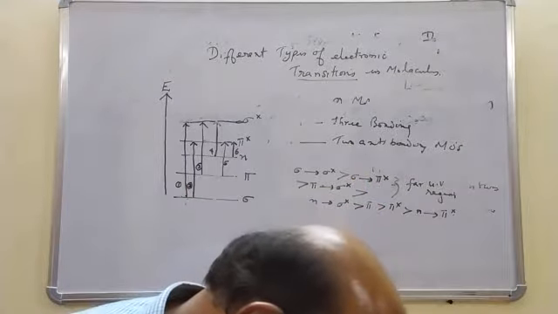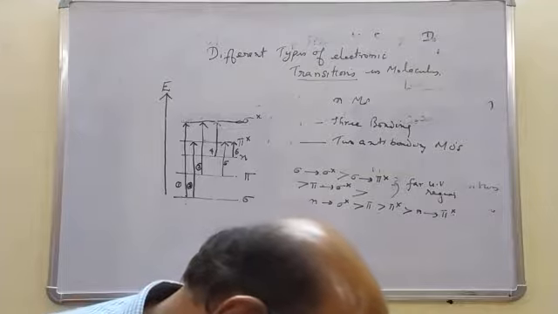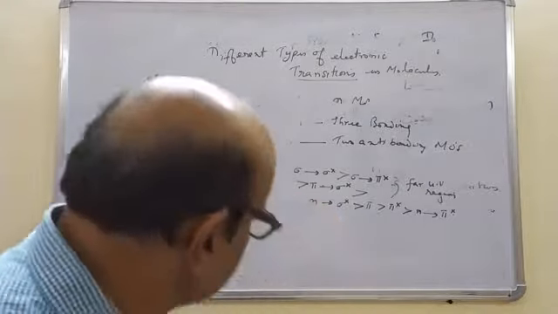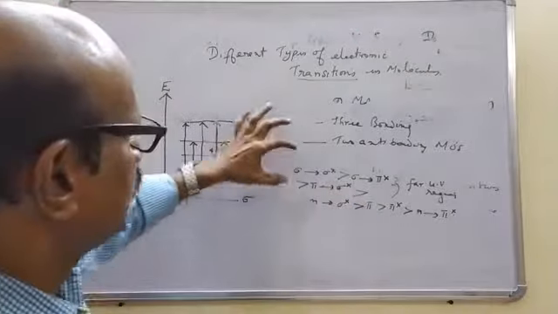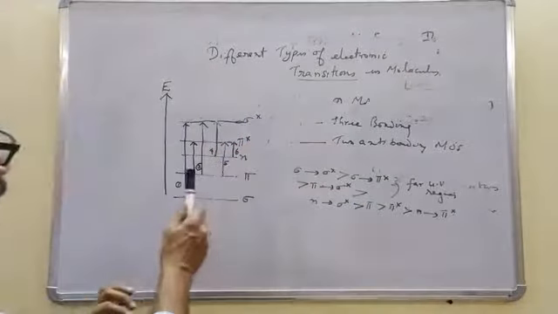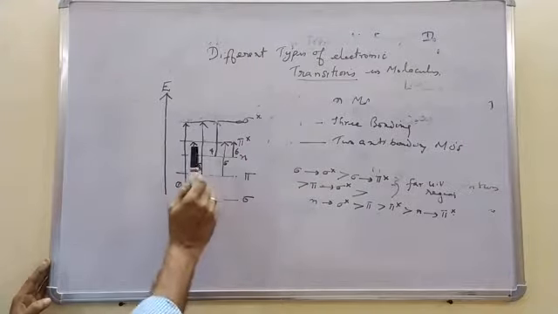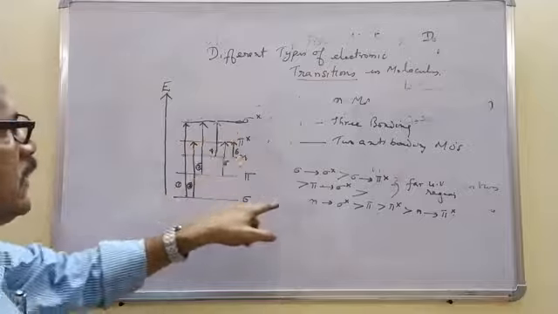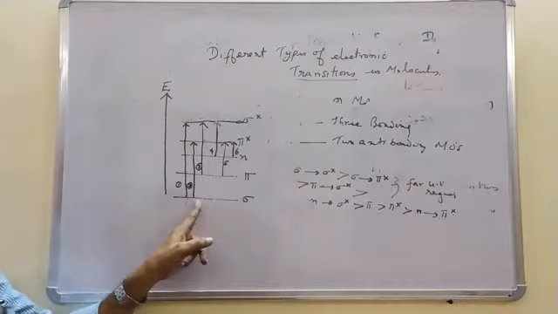Out of which the first three, sigma to sigma star, sigma to pi star, and pi to sigma star transitions, take place in the far UV region. They are highly energetic.